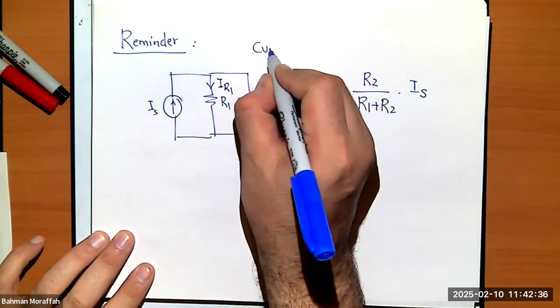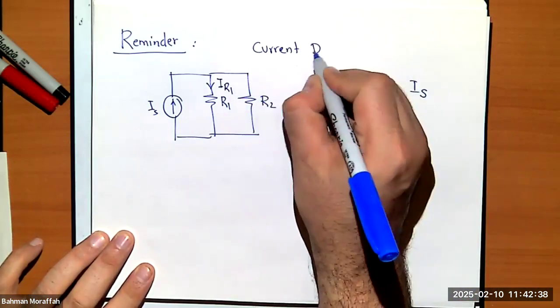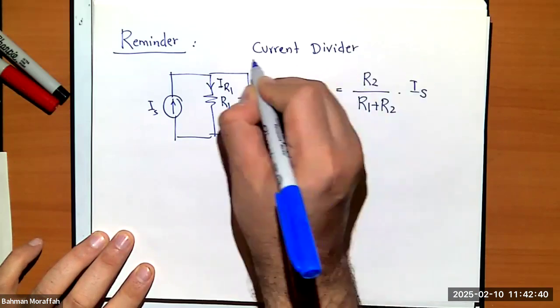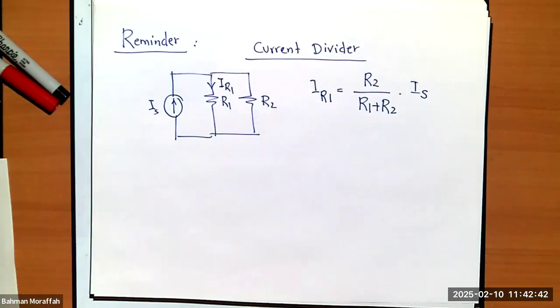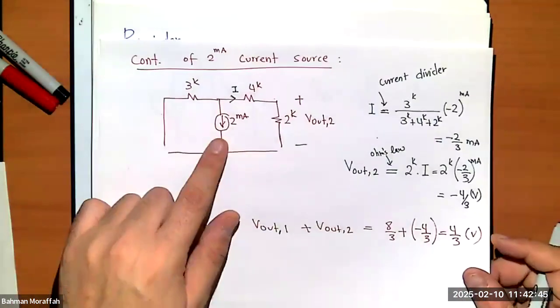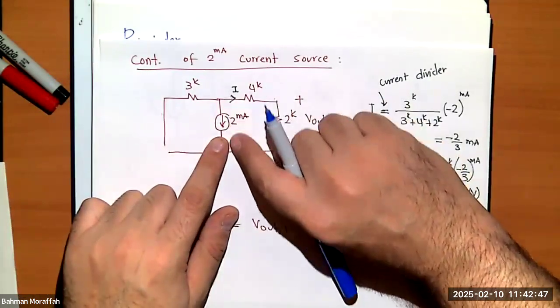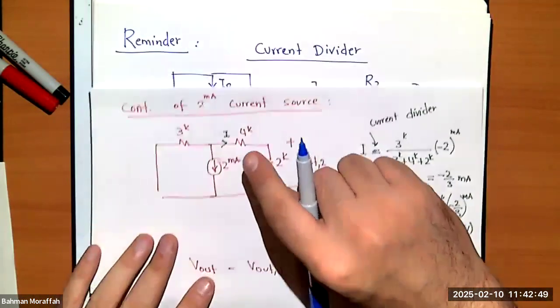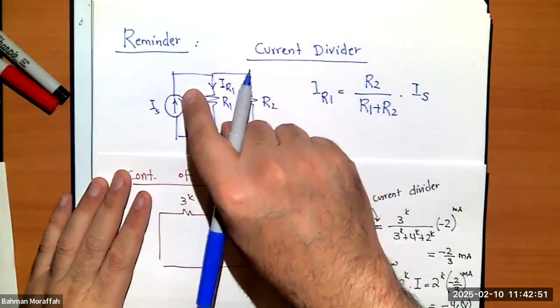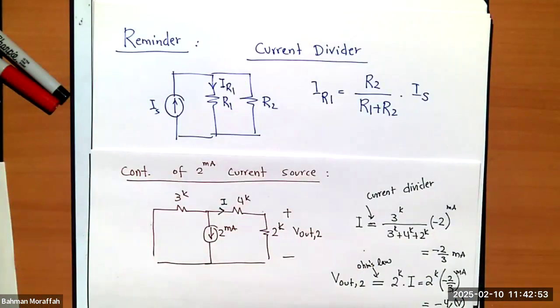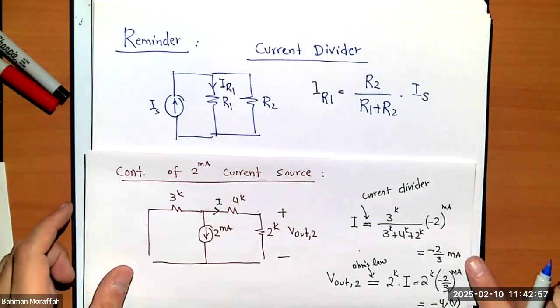And we call this a current divider. If I compare this to this guy, since the direction of the current is going down, I have to make it go up. How do we change the direction of the current? We put a negative sign behind it, right? So that's how you get this negative sign.